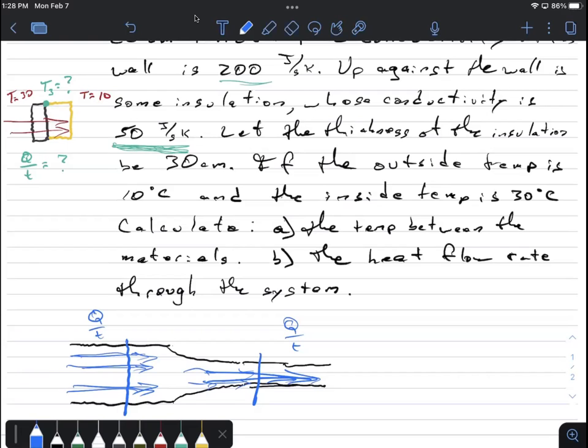And that difference makes it so that the heat flow rate in part 1 is the same as the heat flow rate in part 2, even though if you would have had them separate, 2 different problems, you get 2 different heat rates. All right, so are there any questions about that theoretical stuff?